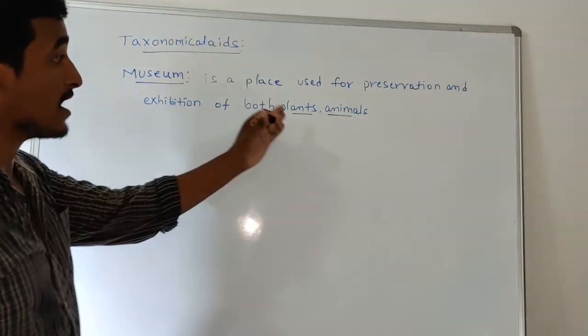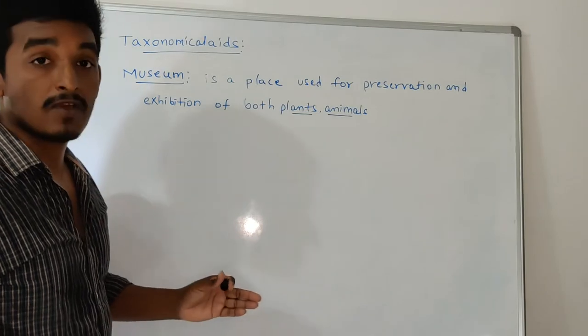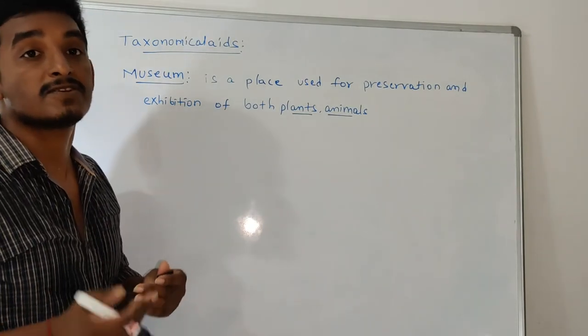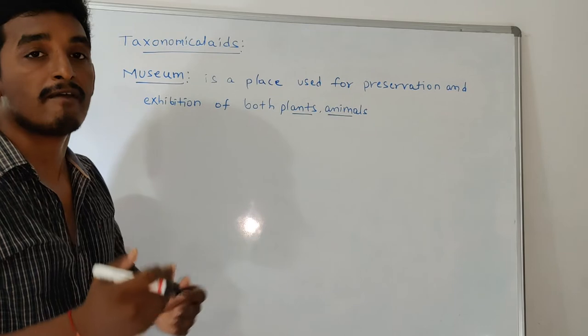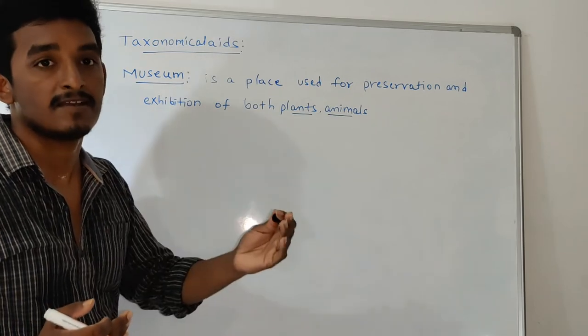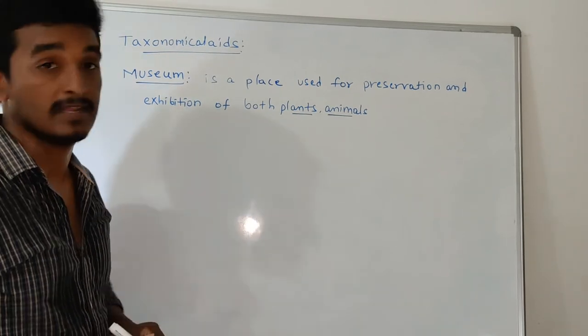In the last class we discussed herbarium. In a herbarium we can easily preserve some plant parts, and later provide all the details regarding that part, the family's name, collector's name, and so on.